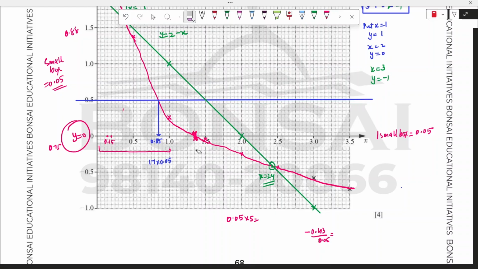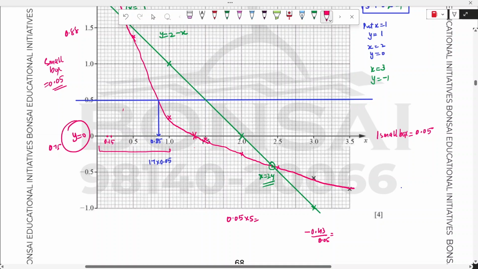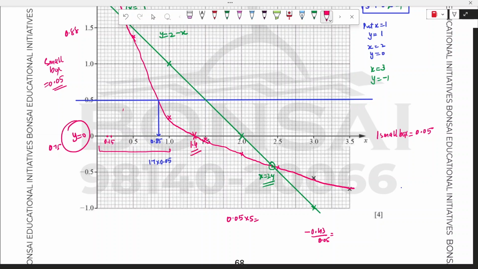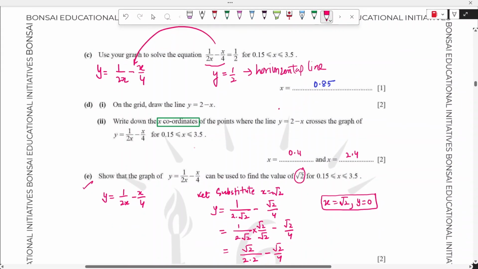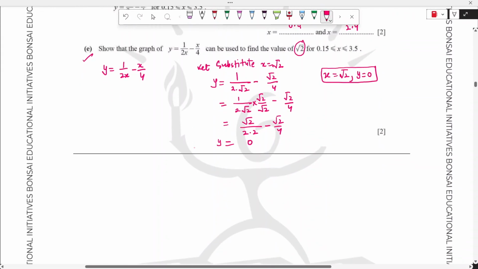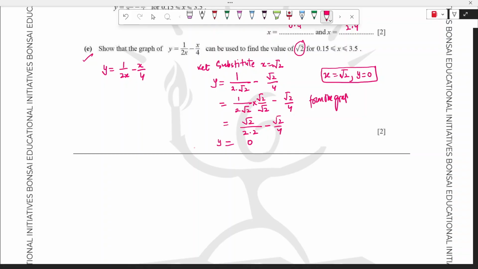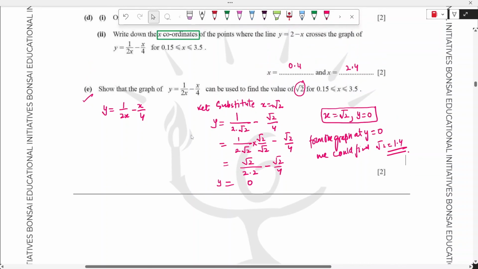So this point is approximately 1.4. So hence we can say from the graph, at y equal to 0, we could find root 2 equals 1.4. So that is the whole problem, and let us see the next one.